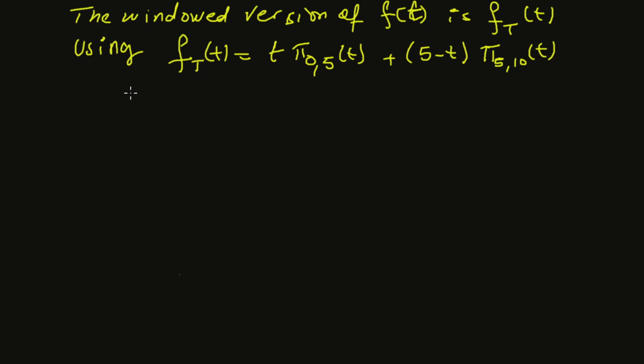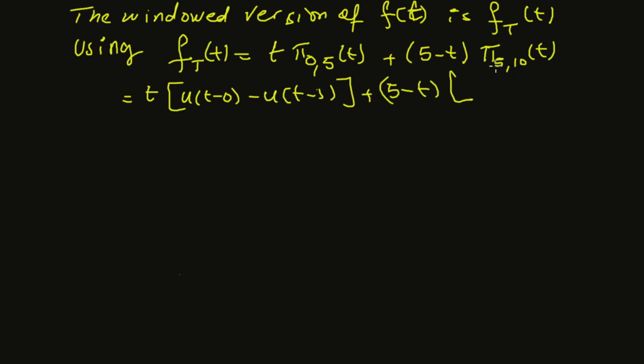Alright, so now we just go through the process of the formula. The window formula of it is u of t minus 0 minus u of t minus 5, plus 5 minus t times the second pi here, which will go as u of t minus 5 minus u of t minus 10.